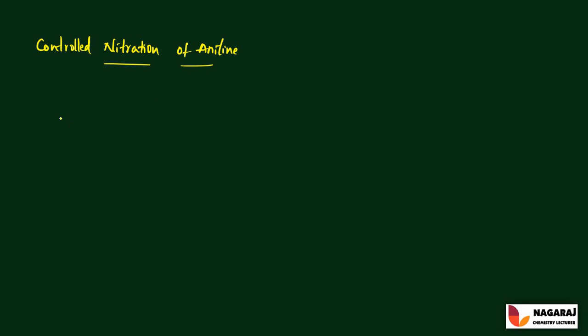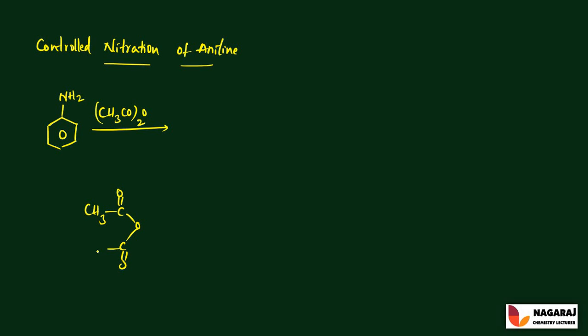So when aniline reacts with the acetic anhydride, CH3 C double bond O and C double bond O, CH3, and the reaction takes place in the presence of pyridine.